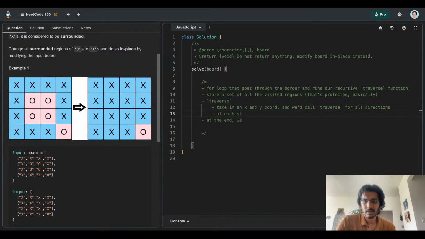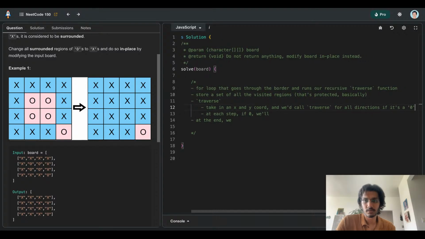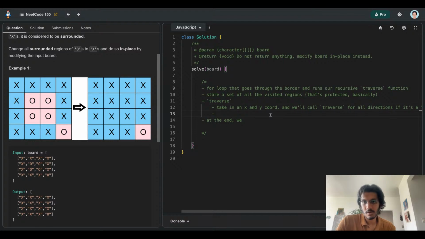At each step, if it's a 0, we go on in all directions.